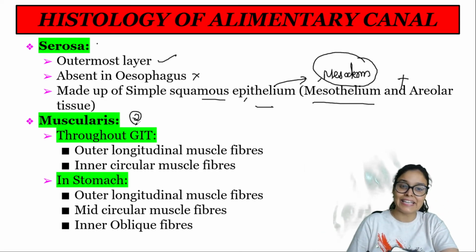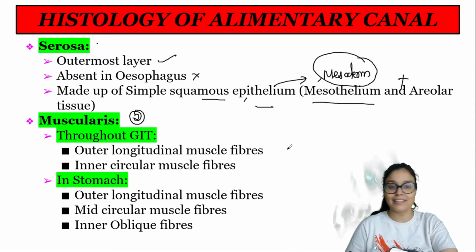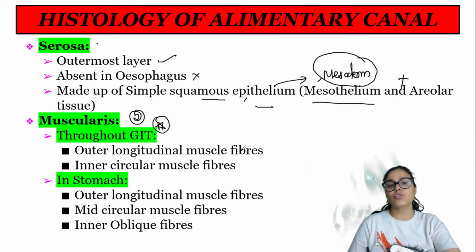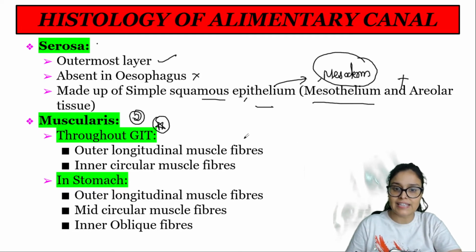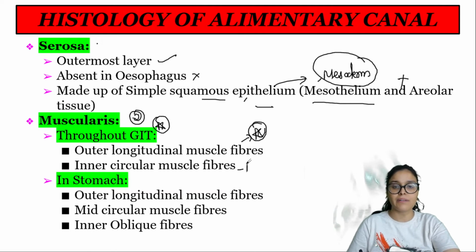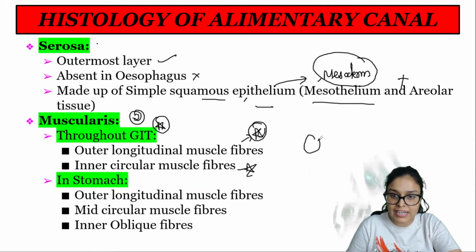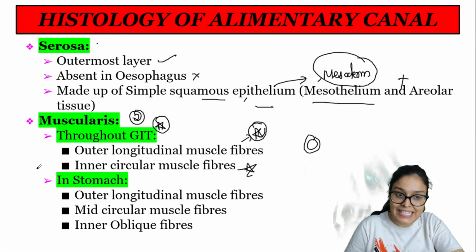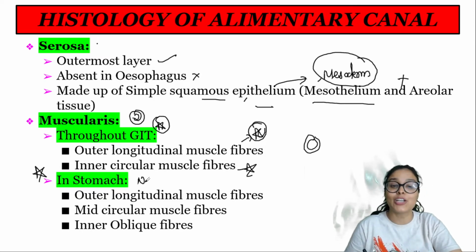Muscularis is the second layer of the alimentary canal that we have seen. It is present throughout the GIT. Throughout the GIT, the outer fibers are longitudinal and the inner muscle is circular. So outer longitudinal and inner circular muscle is there. But in the stomach, exception, NEET question.